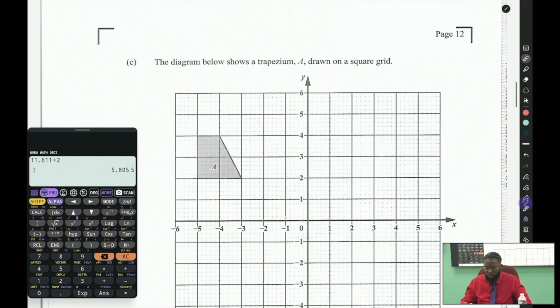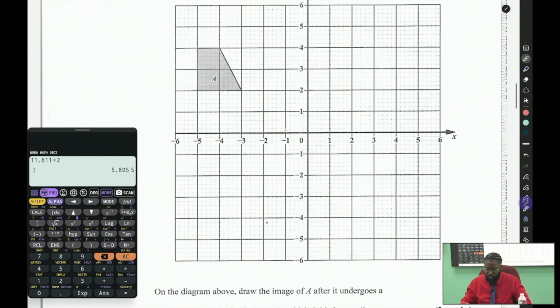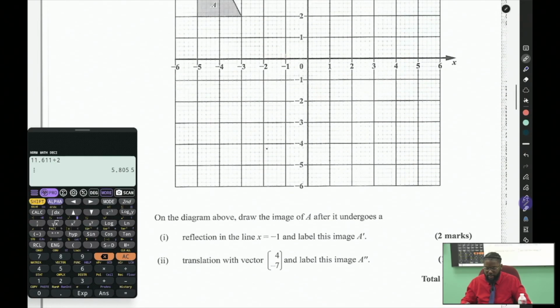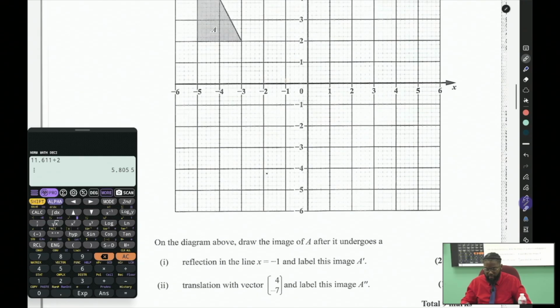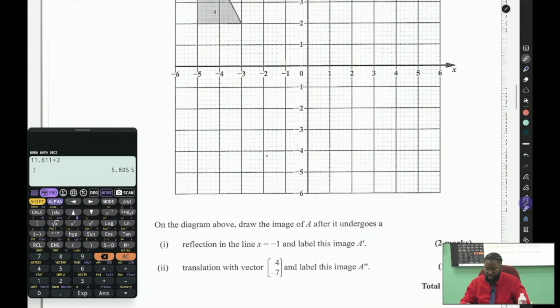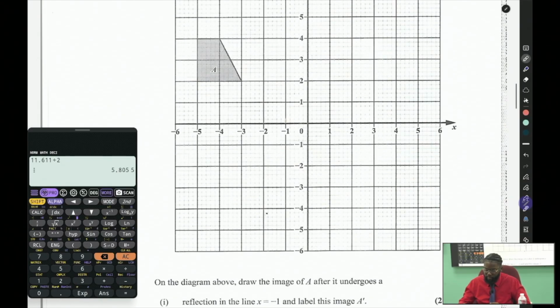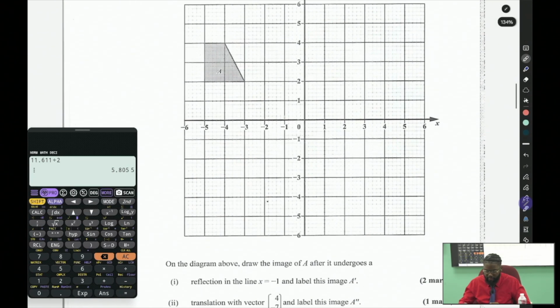The diagram below shows a trapezium A drawn on a square grid. So it gave us instructions to use the trapezium to draw the image after it undergoes a reflection in the line x equal -1, and then we're going to label this image A prime. So now, let me zoom out a little bit.